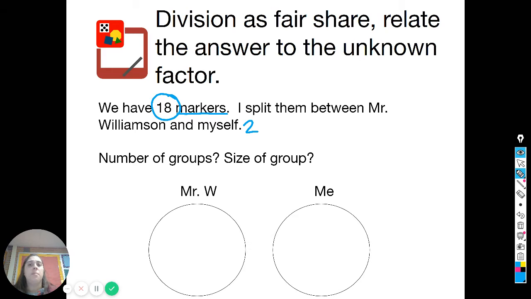I know there's 2 of us. So what is the number of groups? What is the size of the group? Well, the number of groups I just said is 2 because there's 2 of us and we're splitting the markers between 2 of us. So down here at the bottom, I have a circle for Mr. Williamson and a circle for me. My total is 18 markers.